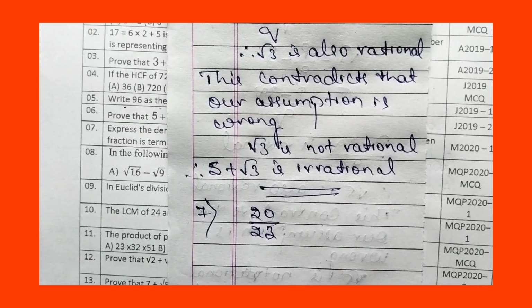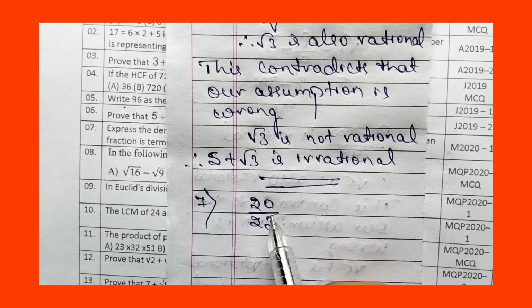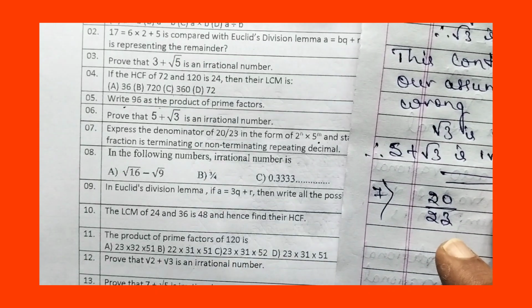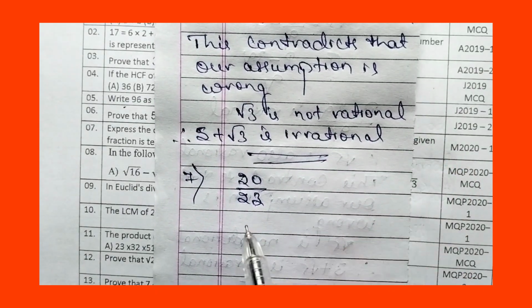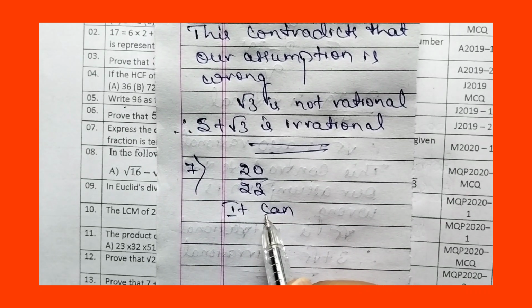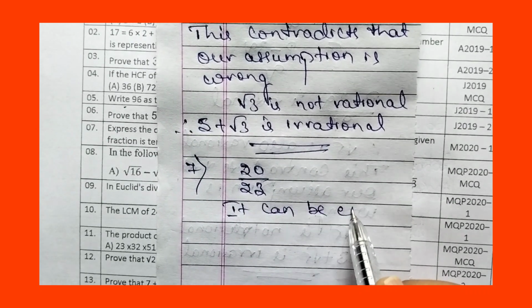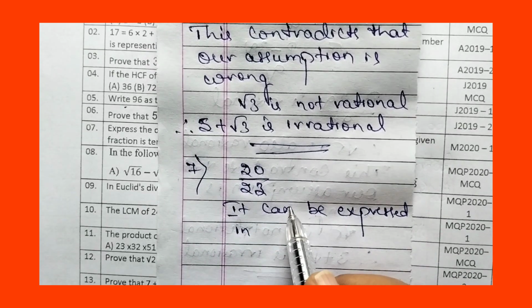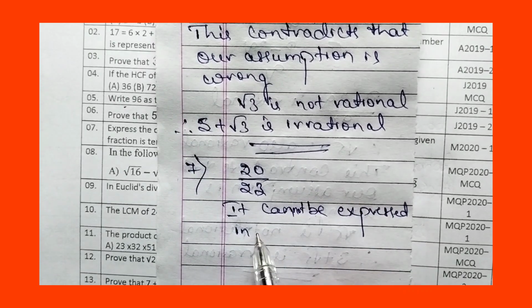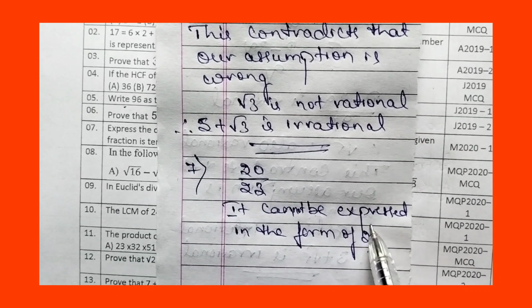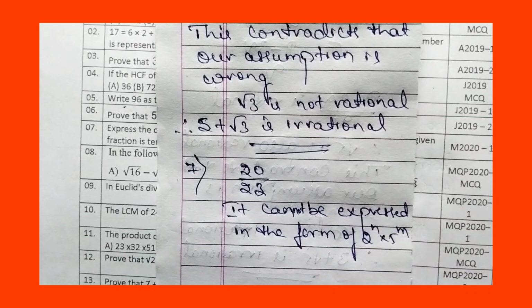So the denominator cannot be expressed in the form of 2 to the power of n into 5 to the power of m.